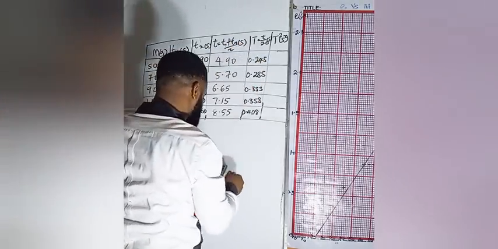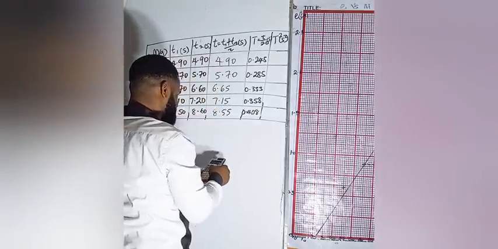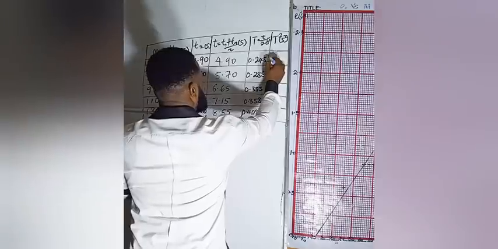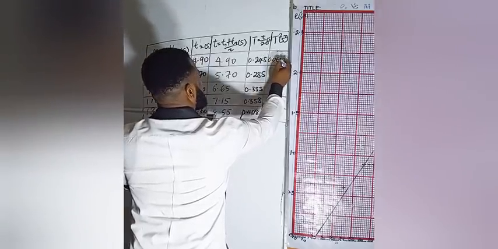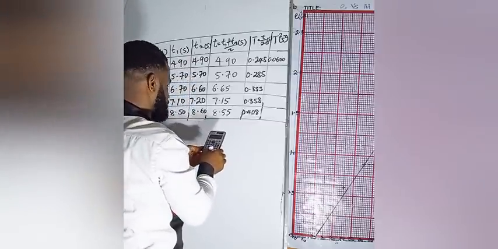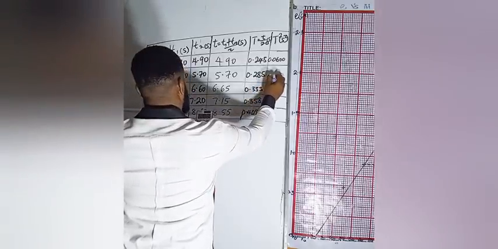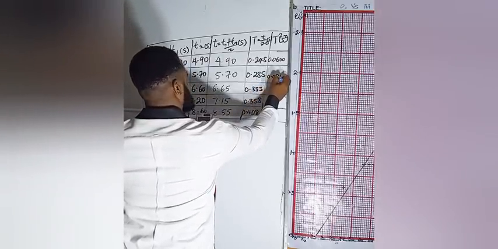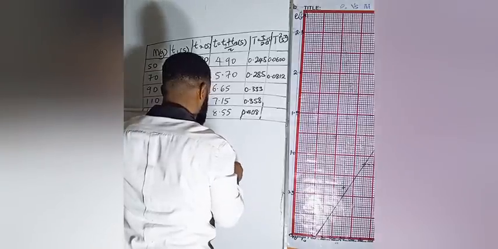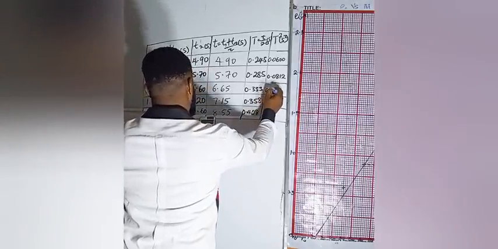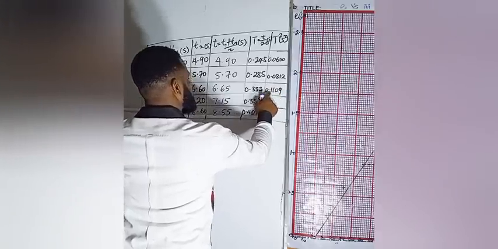Why T squared? I'm going to square these ones, which is 0.245 squared. I'll make it 4 decimal places, 0.0600. Then 0.285 squared, 0.0812, 0.333 squared, 0.1109.